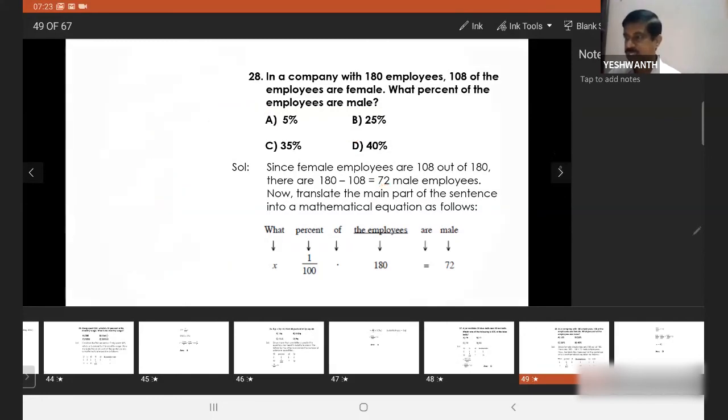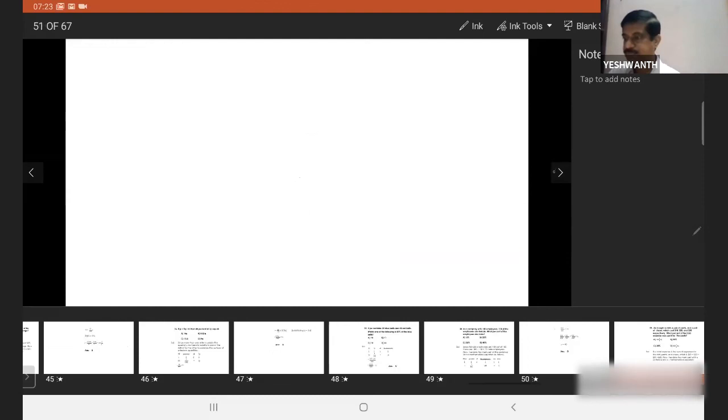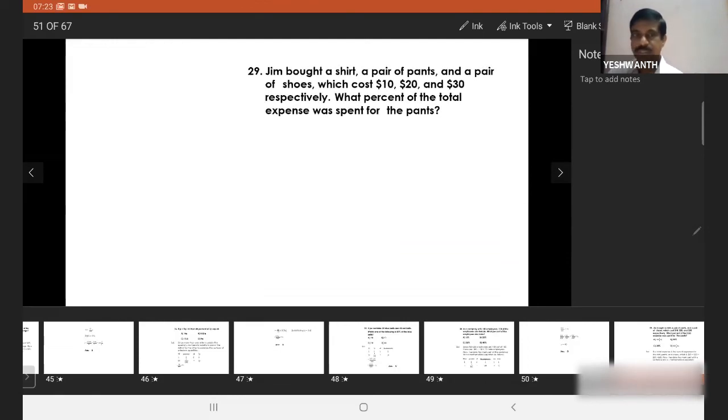So let's go to the next question. Jim bought a shirt, a pair of pants, and a pair of shoes, which cost $10, $20, and $30. What percentage of total expenses was spent on the pants? So what is the cost of shirt?